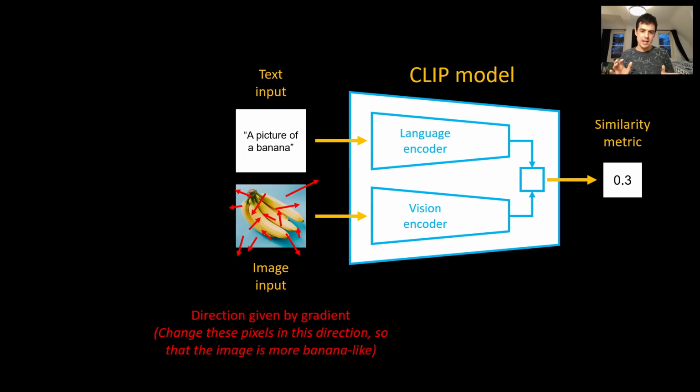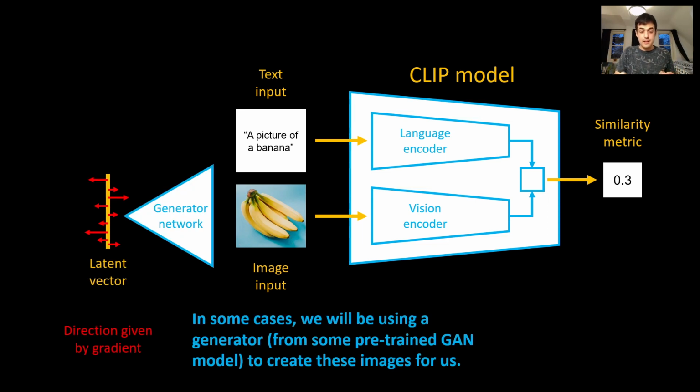So this is one scenario where we plug in the image directly to this CLIP model. Another scenario, which is maybe more common sometimes, is that we don't just optimize the image, but we have some model which is creating these images. So we would go beyond that. Let's say it's a generator network, and we would propagate these directions all the way to the latent vector, the code that is generating this image.